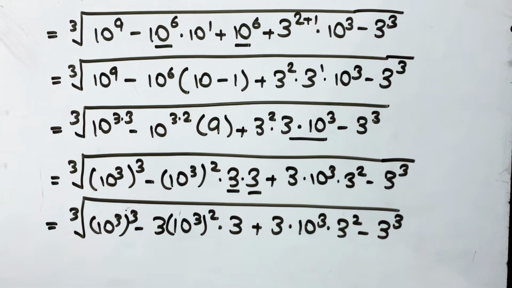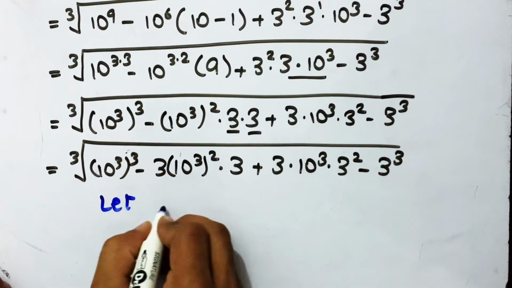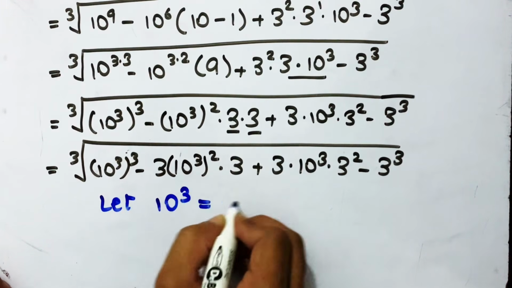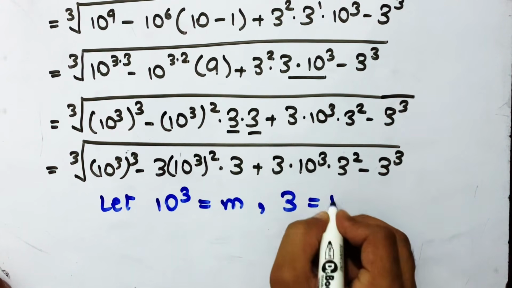Now I simplify the solution. Let 10 raised to the power 3 be equal to m and 3 be equal to n.